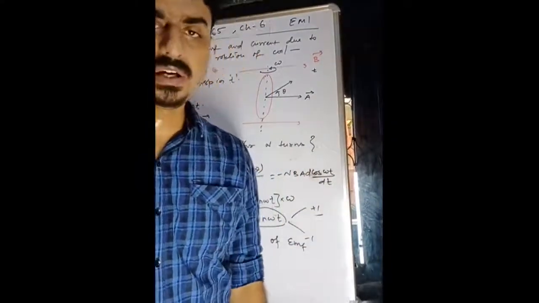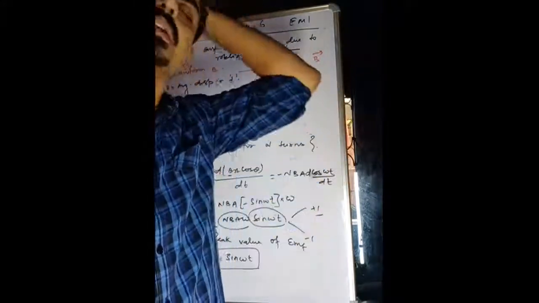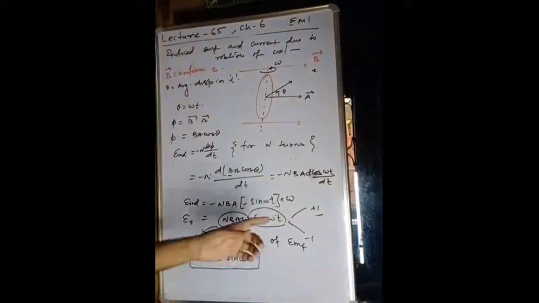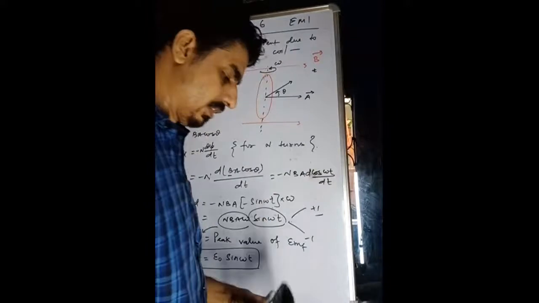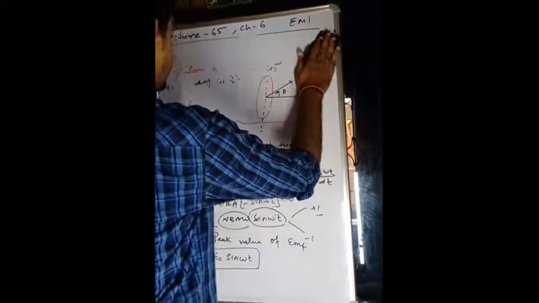You remember that in E induced = minus n d phi by dt, this minus sign actually shows the direction of EMF, and it is opposite to the change in flux. It was well explained by Mr. Lenz. That's why we are going to study Lenz law here. So give the heading Lenz law.